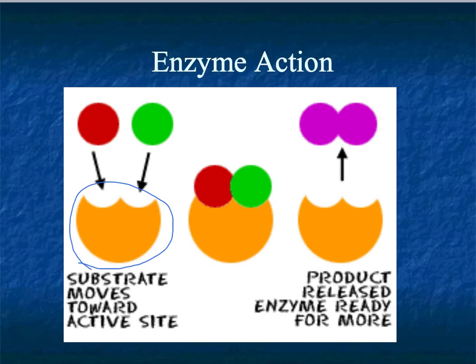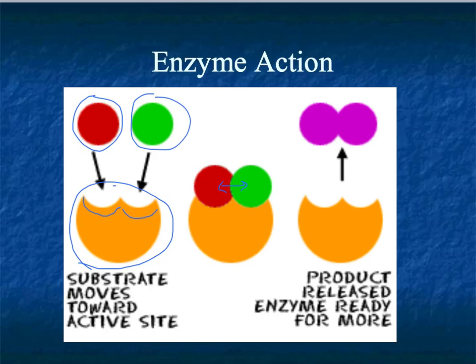And that's what this enzyme substrate complex actually does: it allows the materials to come together and react. If you have these guys floating around all over the place, with this enzyme it gives them a specific place to come together, and when these come in, now they can interact.